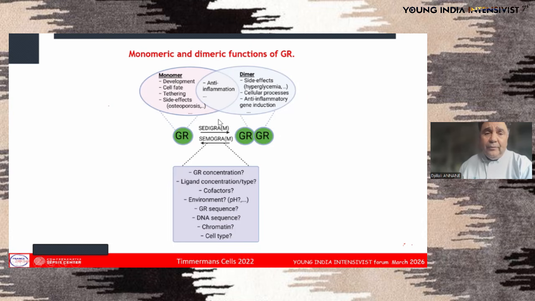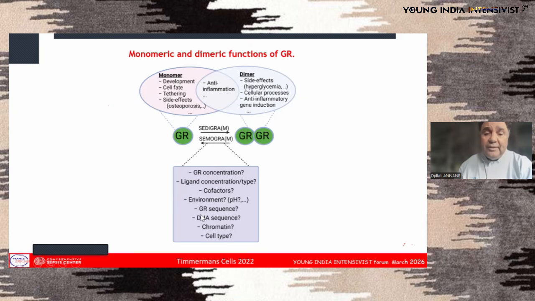And depending on which form is involved by an agonist, you get different effects of glucocorticoids. On top of that, there are a number of other factors, cofactors, issues related to the concentration of the ligand, the role of the environment in the tissue, the pH, and also epigenetic phenomena.